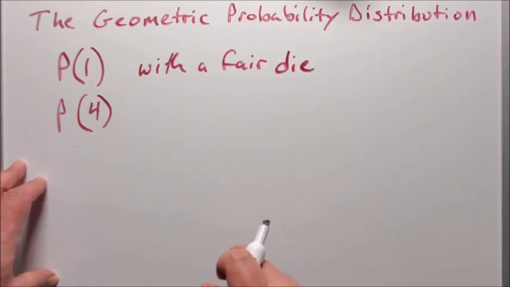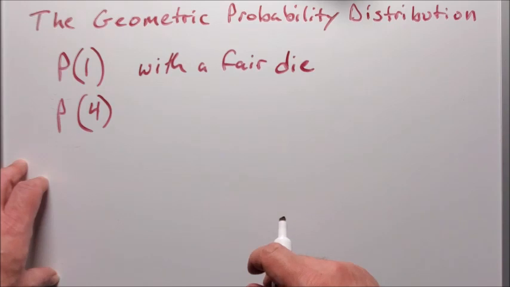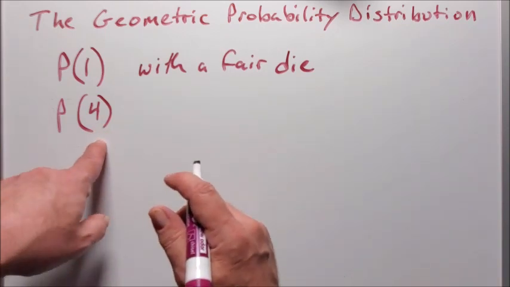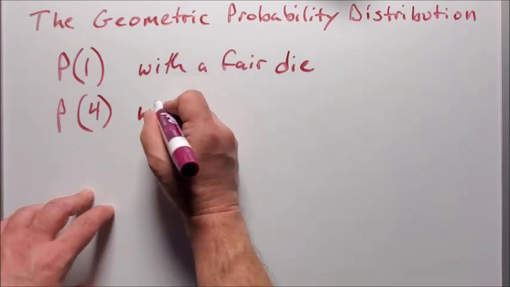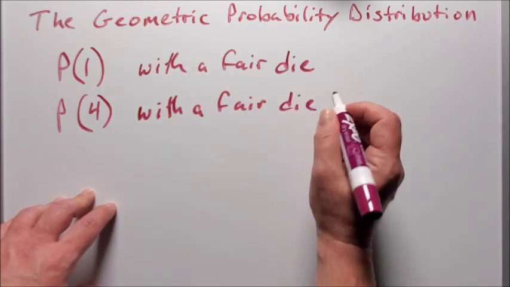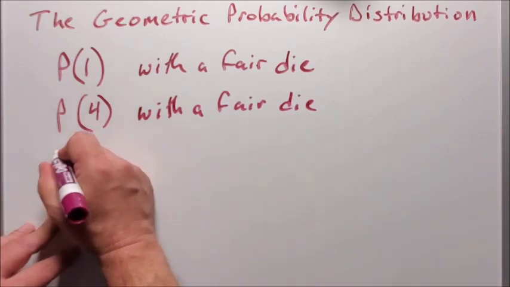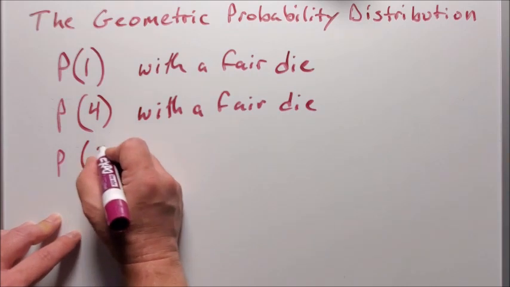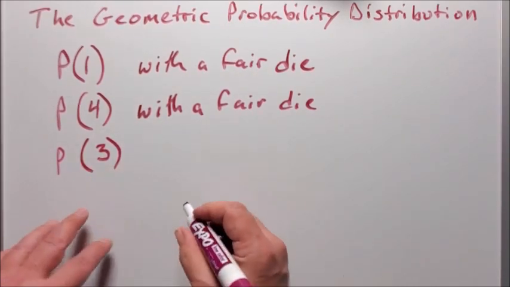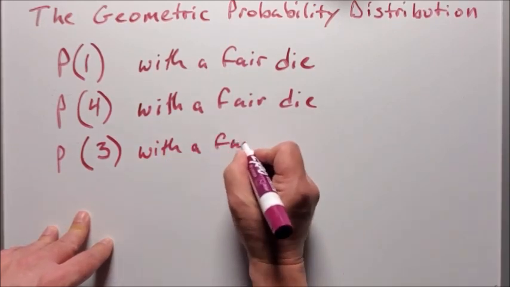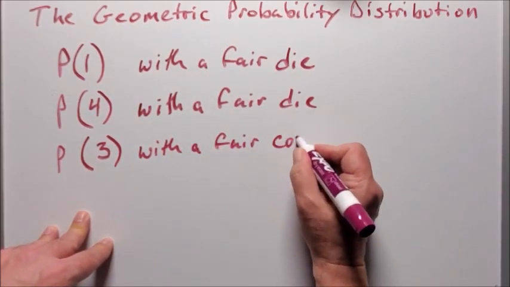You can define success as a 4 or anything else that you might want. Make it a 5. How about the probability that x should equal 4 with a fair die? And then finally, among these first problems, I want you to figure out the probability of the first success on 3 trials with not a die, but a fair coin.